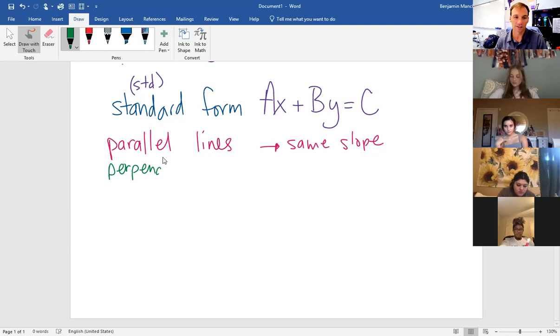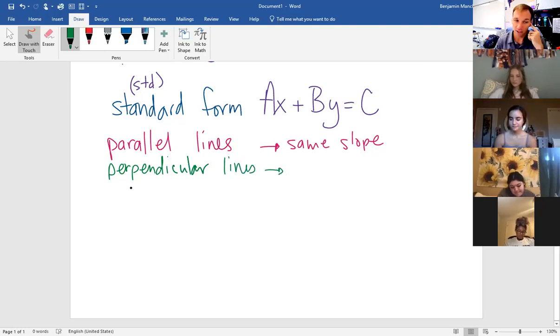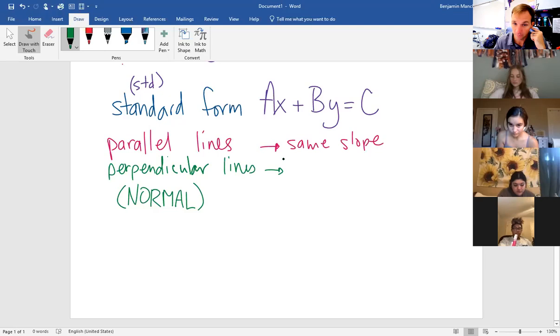So you're going to get introduced to perpendicular, which is also known as this special engineering word. Okay, so I had a question about this the other day. Someone was working ahead. They asked me what a normal line was. Well, normal in engineering world means perpendicular.